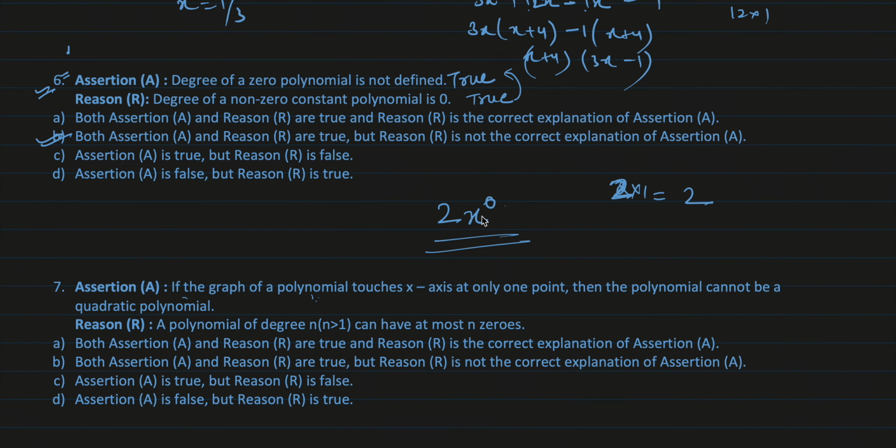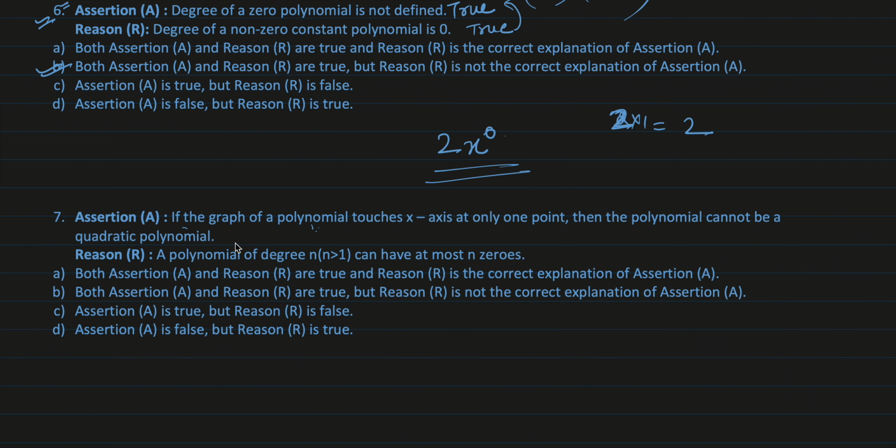Yes, so it can be a quadratic polynomial. So this is a false statement because let's say (x plus 1) whole square. Its graph will touch at x is minus 1, only at one place, right? But this is quadratic, if you expand it, it becomes a quadratic. Its zero is this.